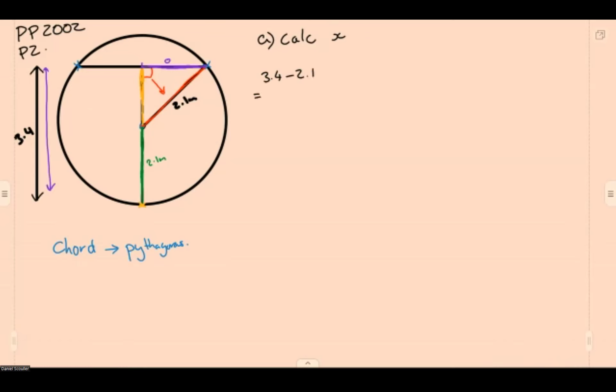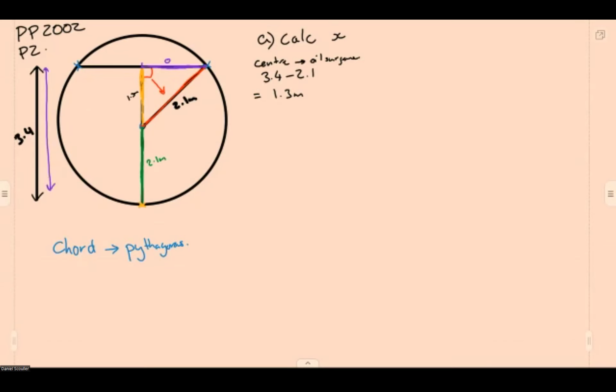So the yellow side, from the center to the oil surface, is 3.4 minus 2.1, which gives you 1.3 meters.